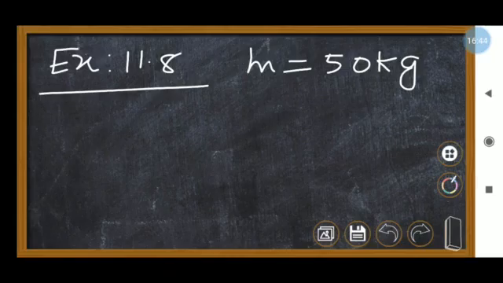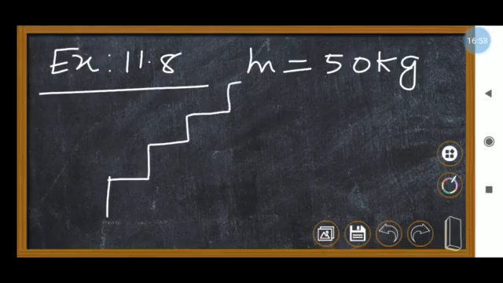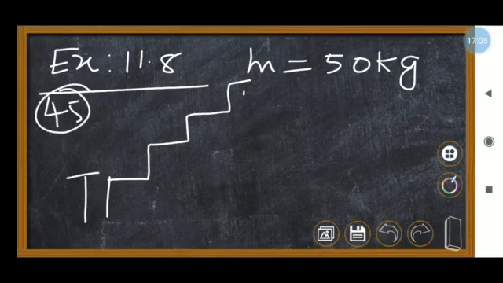So staircase of 45 steps in 9 seconds. Next, the height of each step is 15 centimeter. Look at that, this is the staircase. There are 45 steps in total, and each step height they given is 15 centimeter. So we have to calculate the total height.